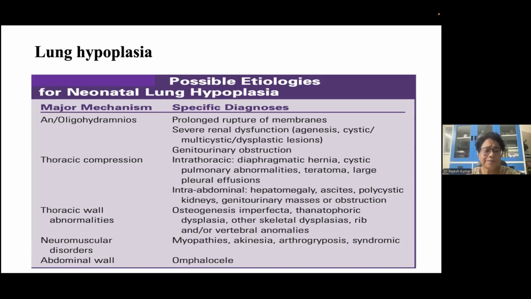Thoracic wall abnormalities can also lead to pulmonary hypoplasia, like in osteogenesis imperfecta or other skeletal dysplasias. Neuromuscular disorders can also be associated, as well as certain abdominal wall defects like omphalocele.